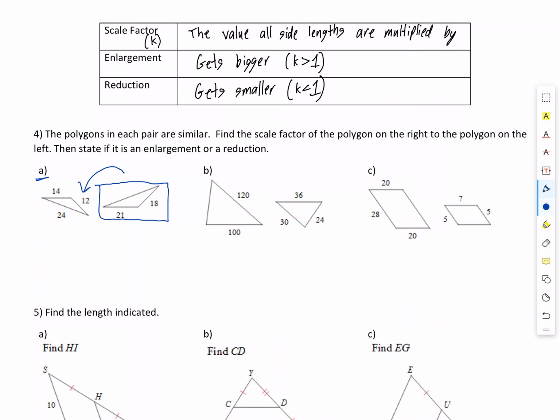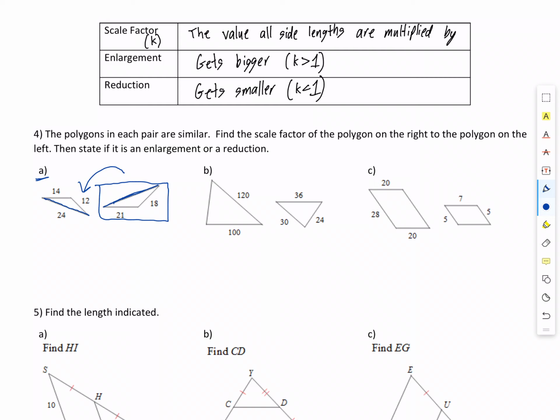Okay, we can assume that all these are similar. So each one of these is similar. So we got to look and see which sides correspond. So this side right here, that's our hypotenuse, our longest side there. But we don't have a value for that, so that doesn't help.